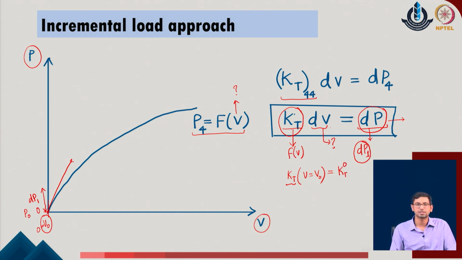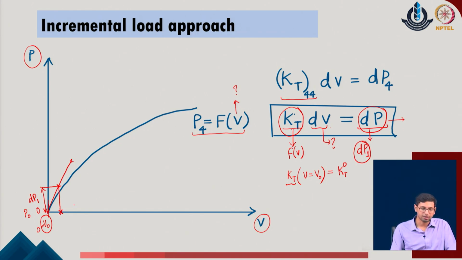I call this stiffness kT0, because this is defined at the point V0 in the given system. With respect to this initial constant stiffness, I try to locate the increment. Somewhere over here I cross the given line, and then I say that this is the displacement which I have located for the given case.